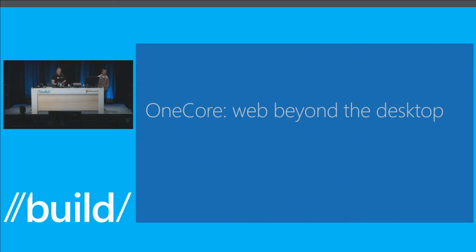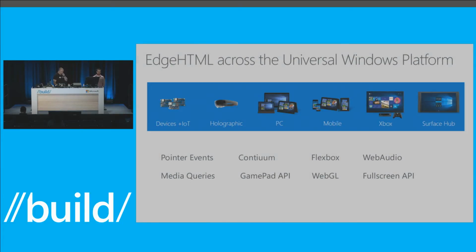So another key part of the web platform that powers Microsoft Edge is that we build on top of what we call one core. It is one rendering engine that we share across all places that Windows 10 runs, from IoT through holographic computing, PCs, mobile, Xbox, and even the Surface Hub.